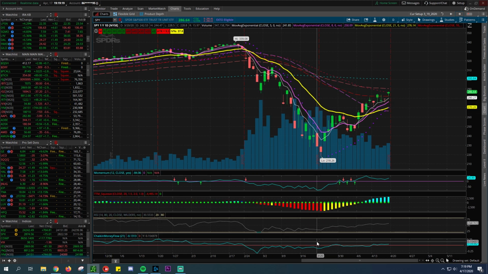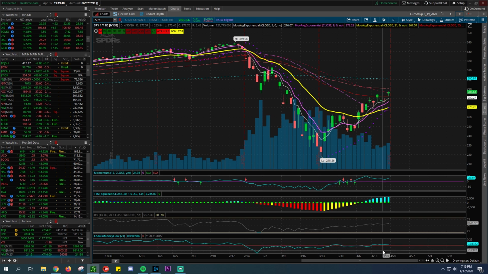Then the Chaikin Money Flow, that is also a free one that you can see on a lot of different trading platforms. This basically follows the money flow. Chaikin is also another gentleman, and his crew created a market indicator to show the momentum of funds and investors buying into whatever stock or equity you're looking at.